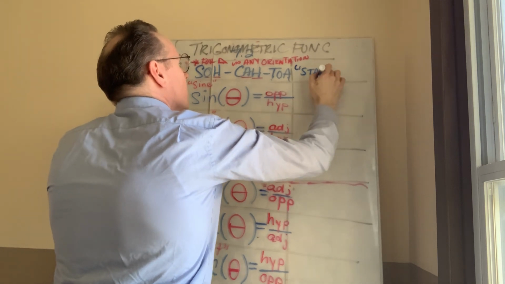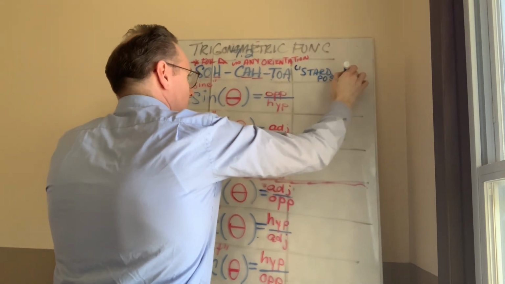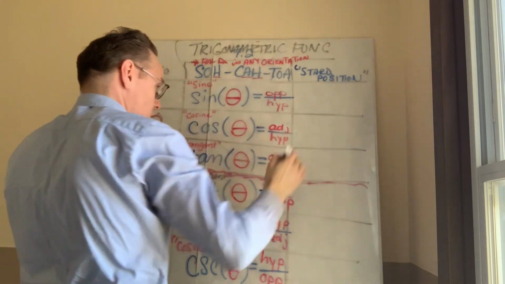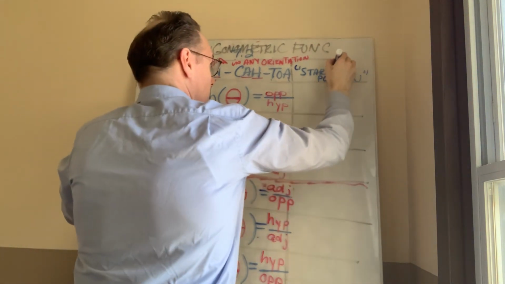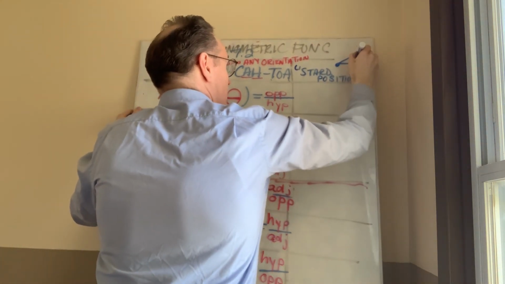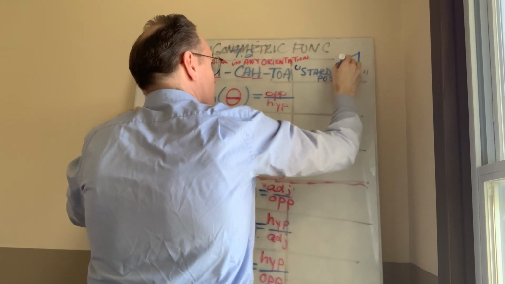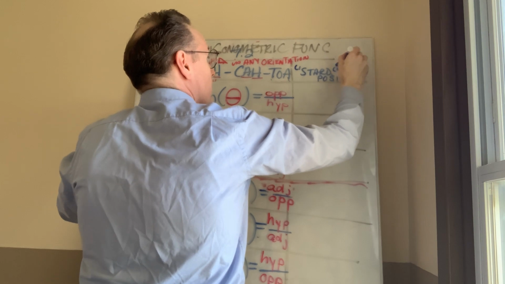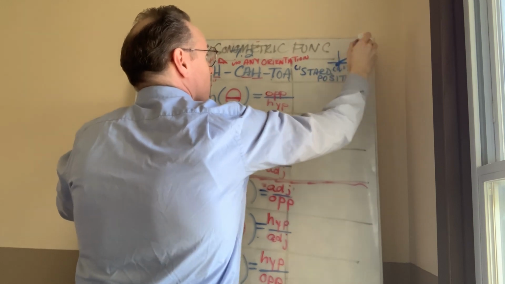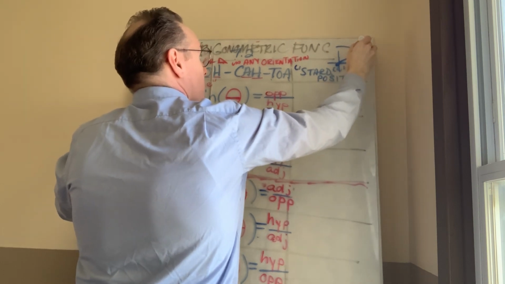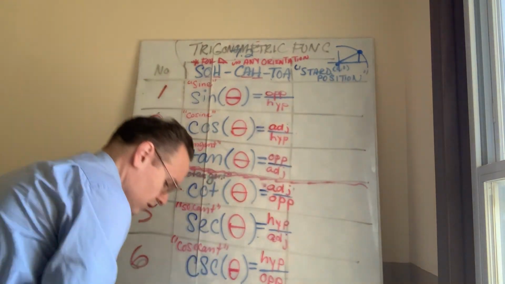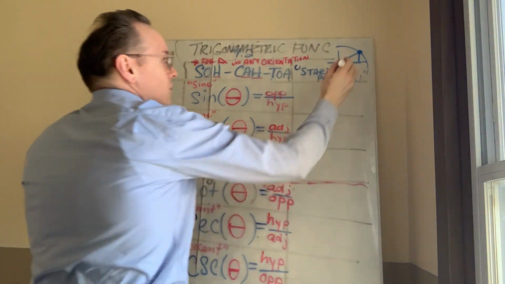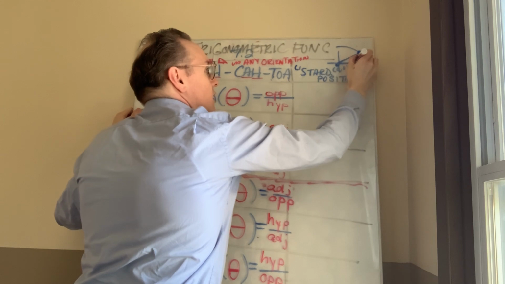Standard position of your angle which forms your triangle, at the origin, something like that, on a coordinate plane. This is the top part of the circle, if you will. Here's my little right angle box.